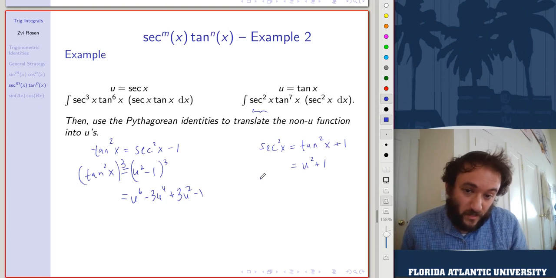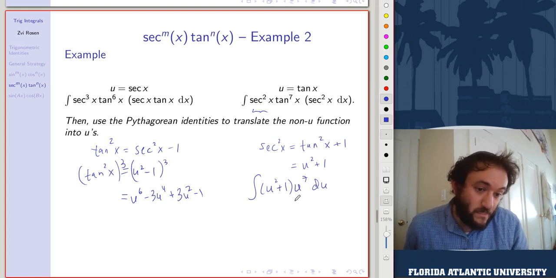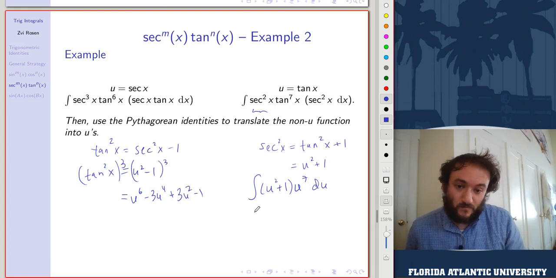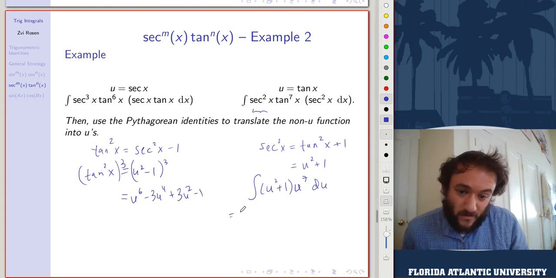So our integral will be the integral of u squared plus 1 times u to the 7th du. So this is obviously preferred. Okay, let's finish this up. This will be u to the 9th plus u to the 7th du, or u to the 10th over 10 plus u to the 8th over 8 plus c.